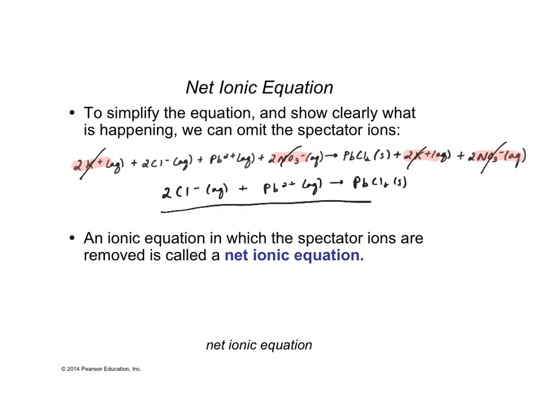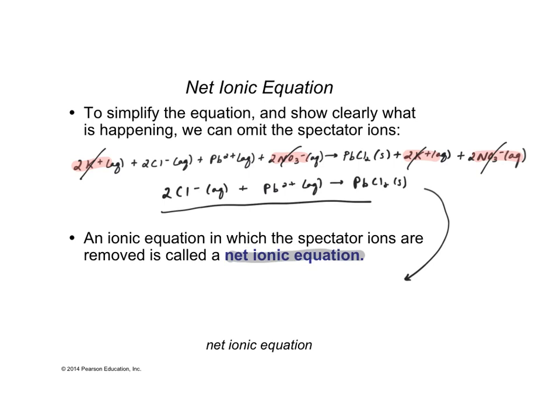We're left with this nice little compact reaction, which is called the net ionic equation. In the net ionic equation, we have removed all of the spectator ions.